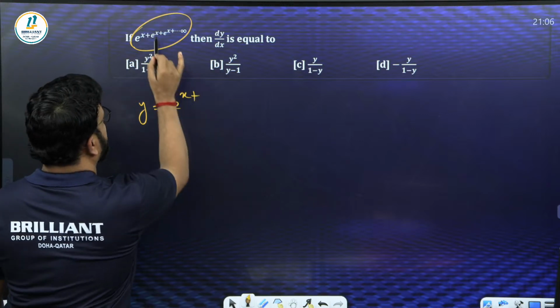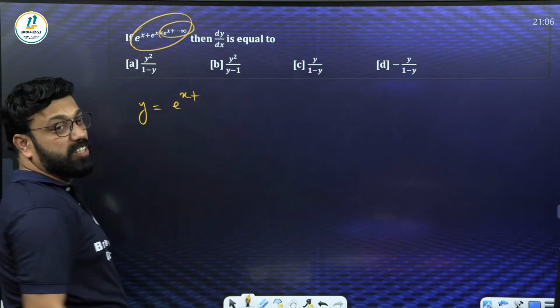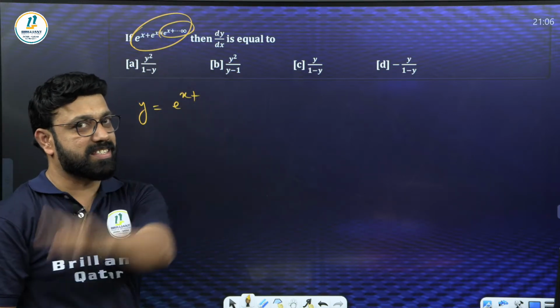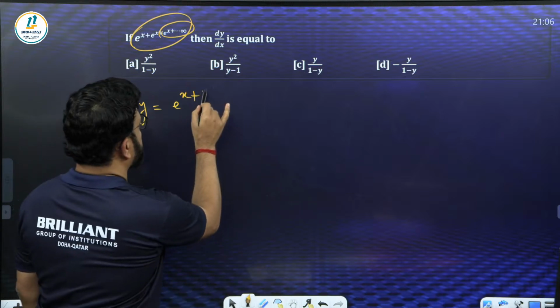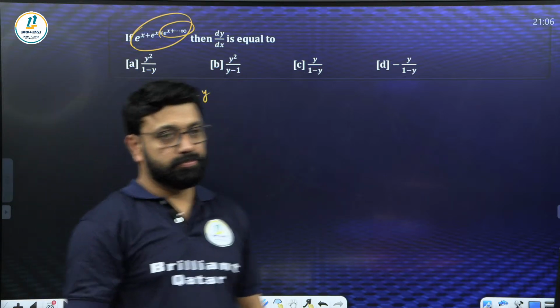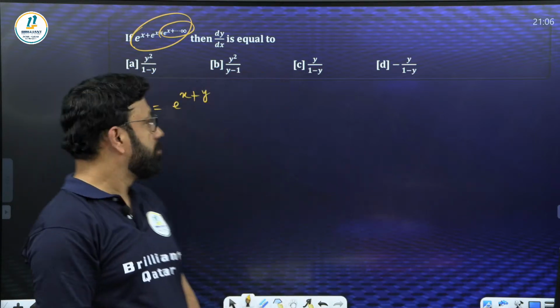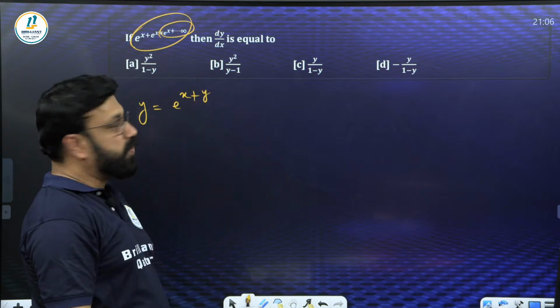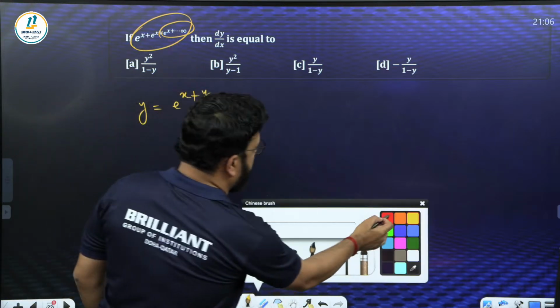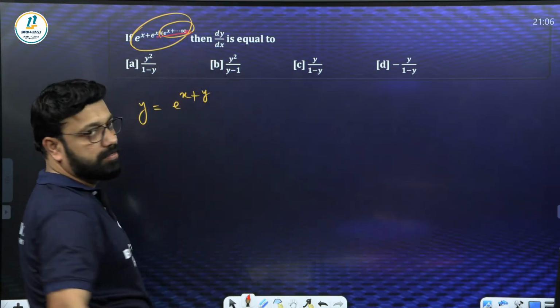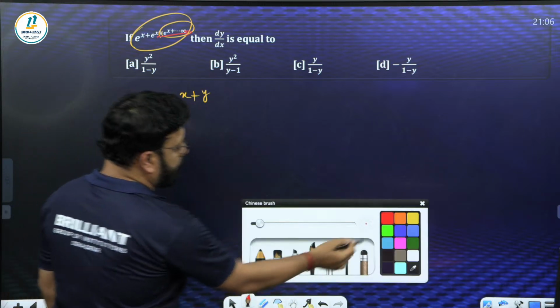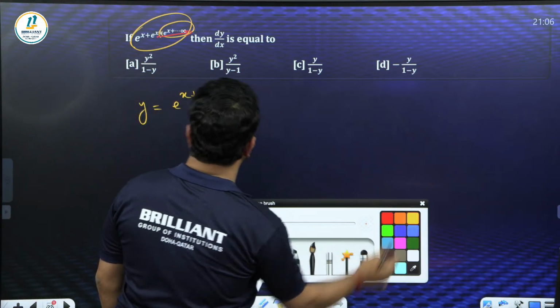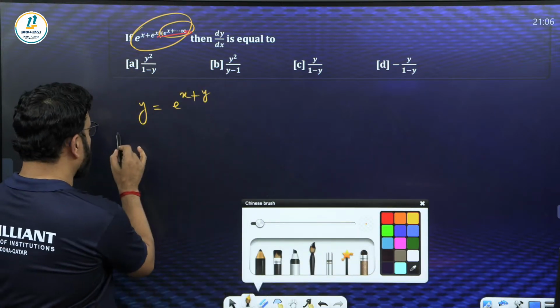Since this part again comes to infinite terms, I am keeping e raised to x plus y. So y equals e raised to x plus y, because this part extends infinitely. I'm taking log on both sides, that's easy.